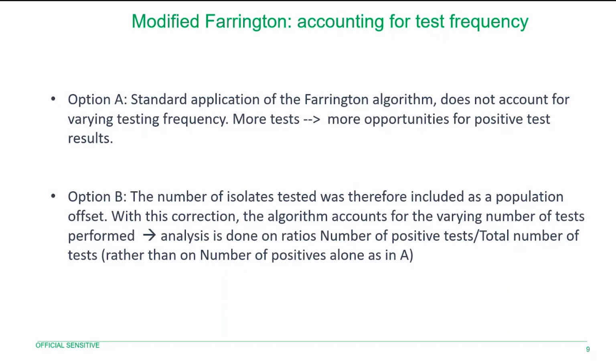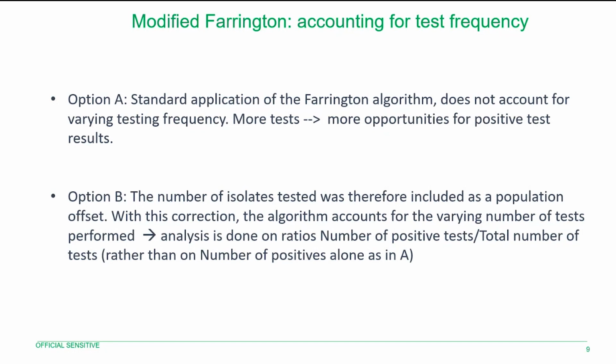So if your number of tests is fixed in a time window, fine, but the data set we had actually had a quite varying testing frequency. So that of course introduces a bias in your result, because if you have more tests, you also have more opportunity for positive test results.